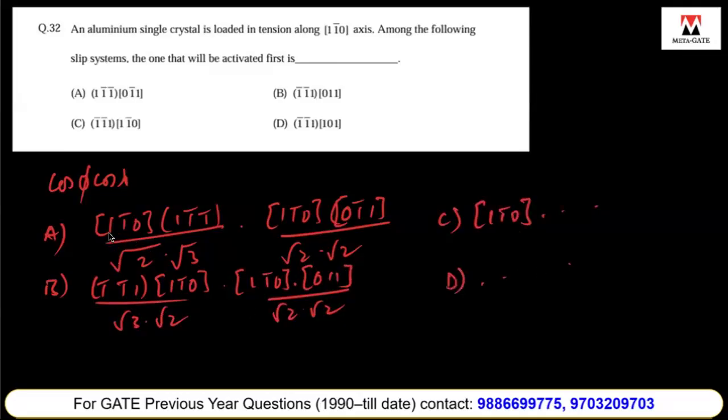So here, if you see, this is not equal to 0 and this is not equal to 0, and here it is 1 bar 0, this is 0, and here it is 0. We will multiply with this and 1 bar, this is also 0. So the one that will be activated first is the one which does not have tau CRSS as 0.